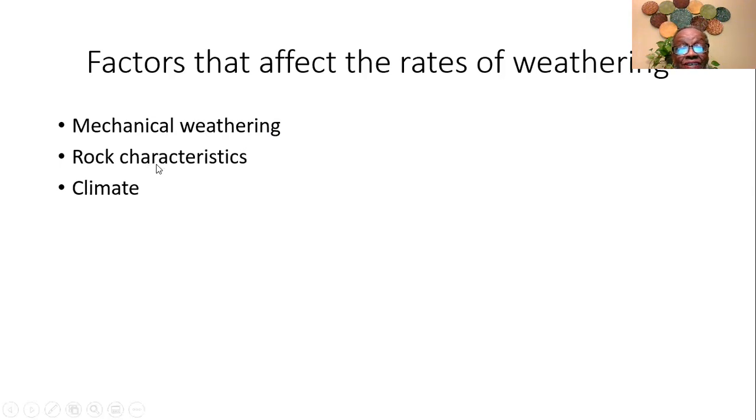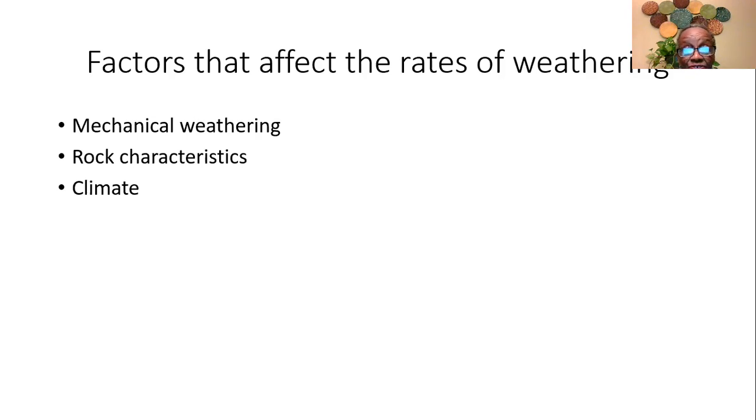All right, rock characteristics would be another. The type of rock it is would have a lot to do with if it's going to weather easily. For example, in a warm, moist climate, if you have limestone and marble, they're going to be easily weathered because all it takes is that rain and then the carbon dioxide in the atmosphere to do that.